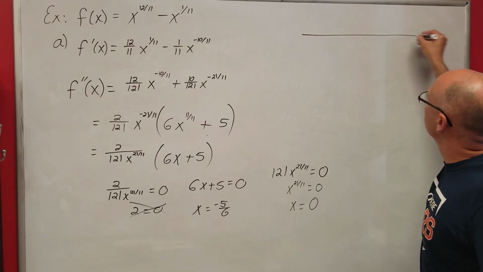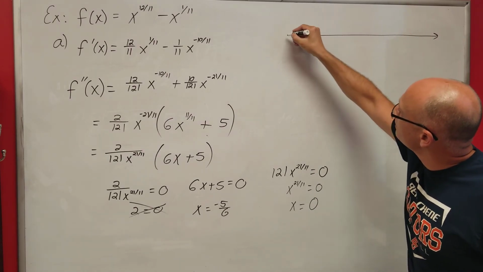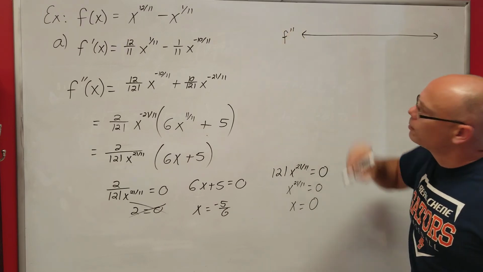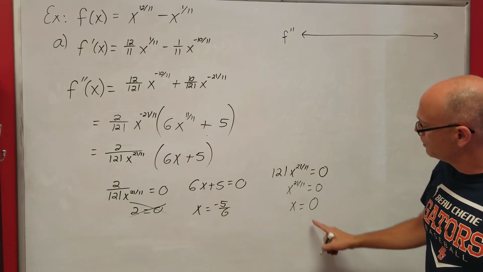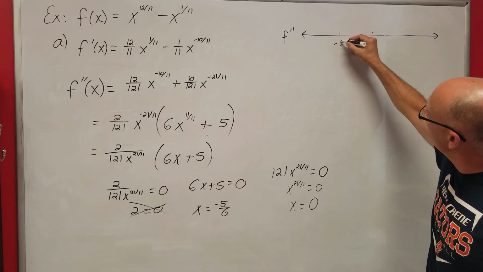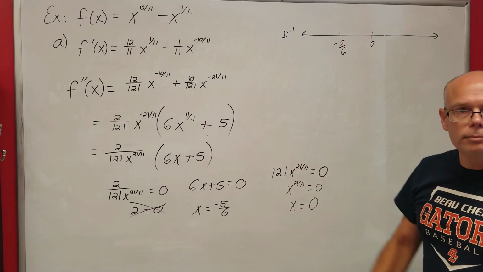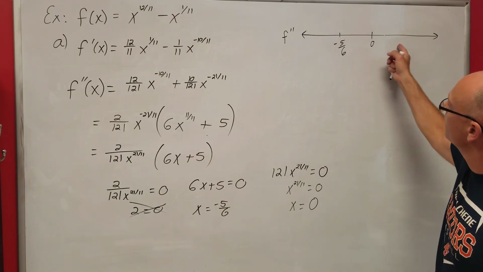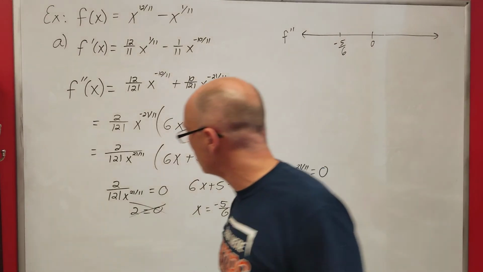All right, so let's draw a number line here. This number line is going to be f double prime. Let's put 0 on it, and let's put negative 5/6 on it. Then we're going to use test values to see where the second derivative is positive and where it's negative.